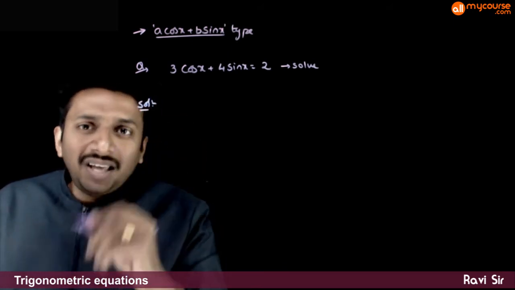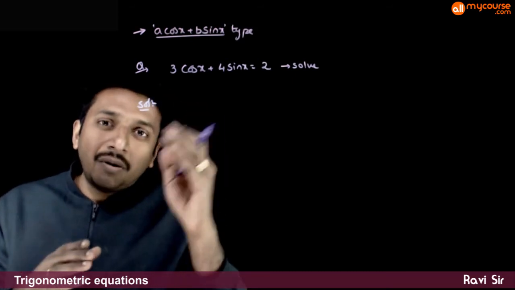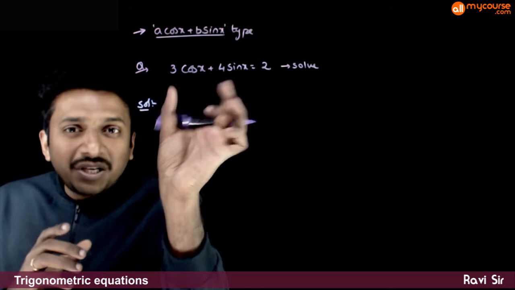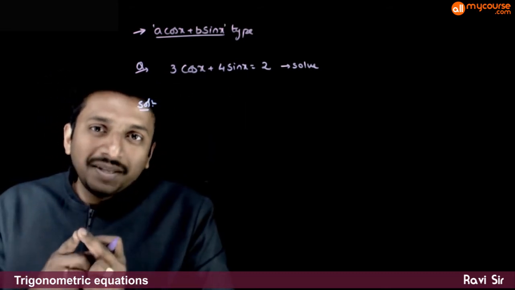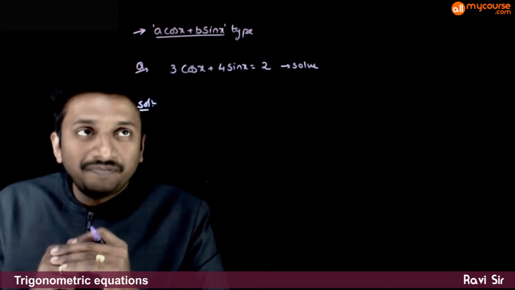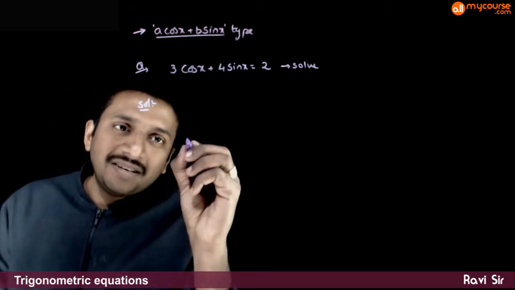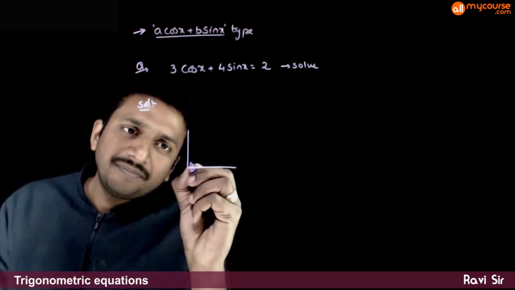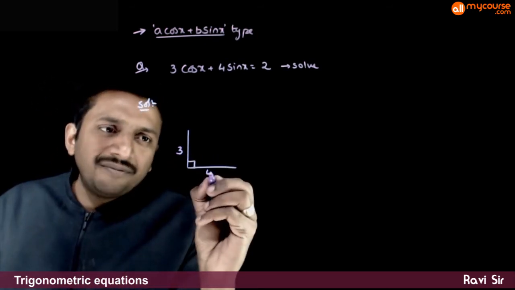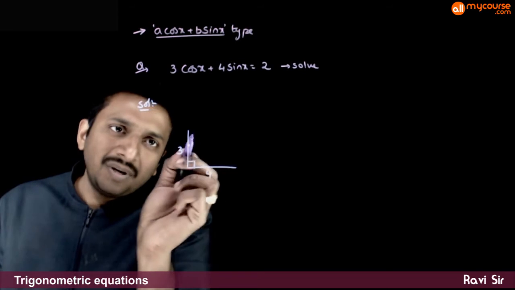We've already seen what we do with the expression A cos x plus B sin x. We can convert this expression into a single trigonometric ratio by multiplying and dividing with root of a square plus b square. So we consider a right angle triangle whose sides are 3 and 4.